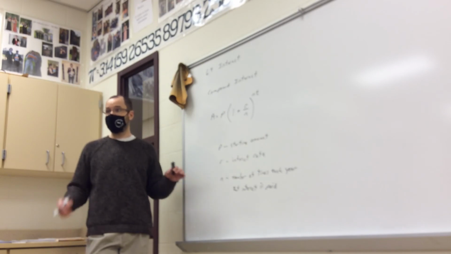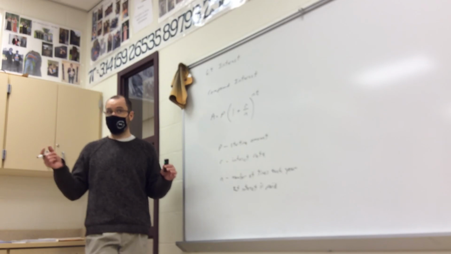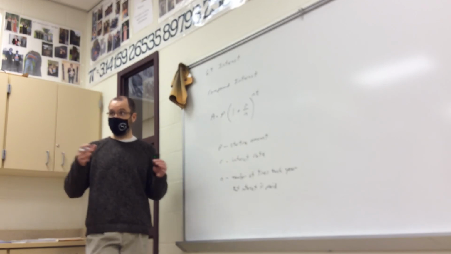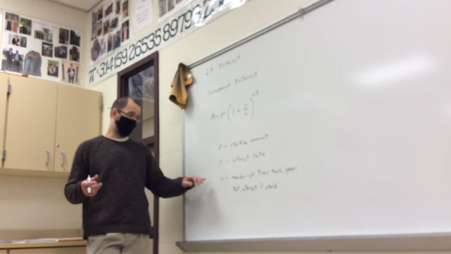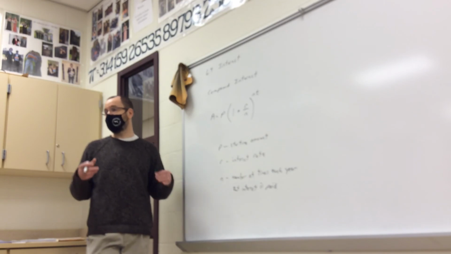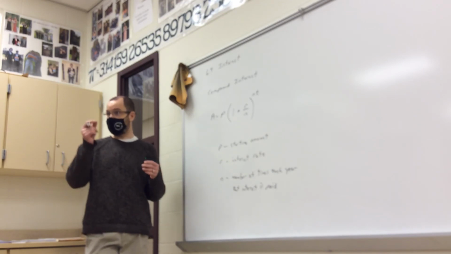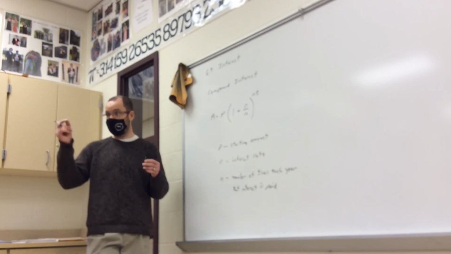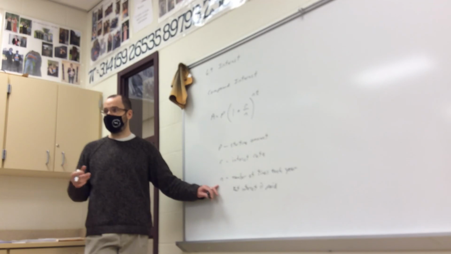So sometimes they do it at the end of the year. So they just give you a little bit extra at the end of year 1 and year 2, etc. So in that case, N would be 1. But usually it's monthly. So that means they give you interest at the end of month 1, month 2, month 3. So then N would be 12, because that would be 12 times a year.